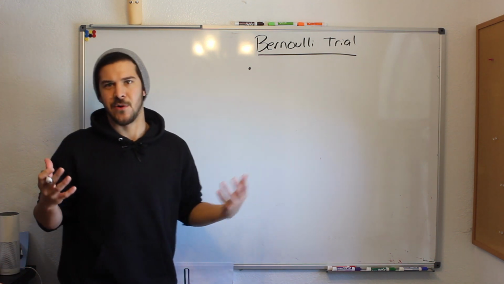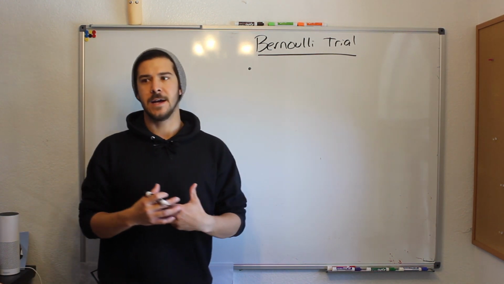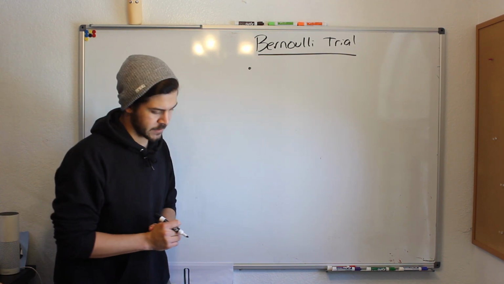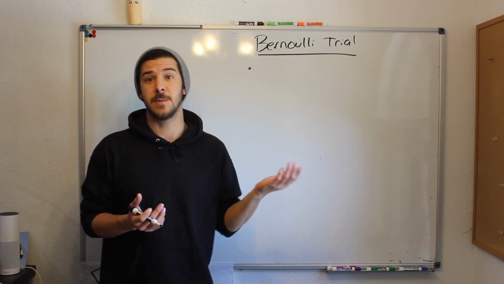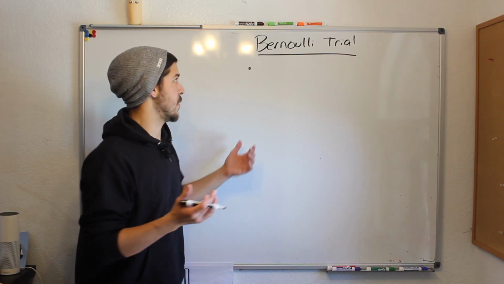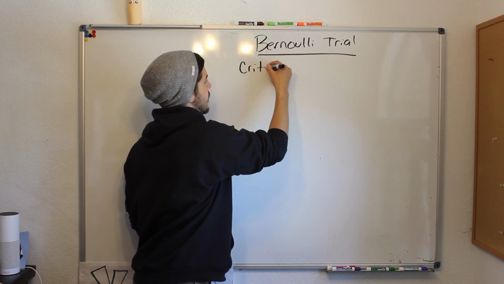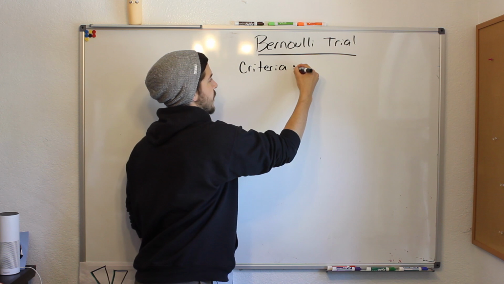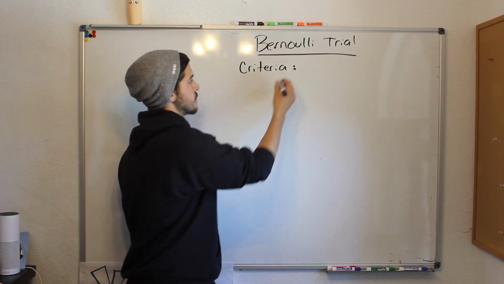So what is a Bernoulli trial and how does the book describe it? How can we think of it and how can we get going? Essentially, when a certain situation happens, either the thing that we want to happen happens or it doesn't. So a Bernoulli trial actually has a couple different criteria in order for a situation to be called a Bernoulli trial.